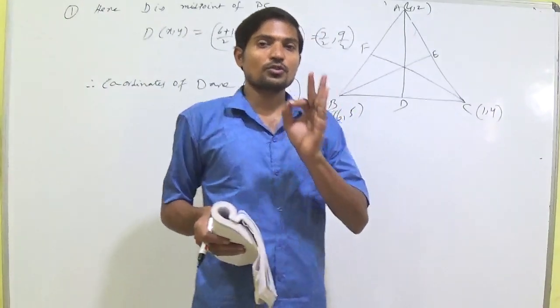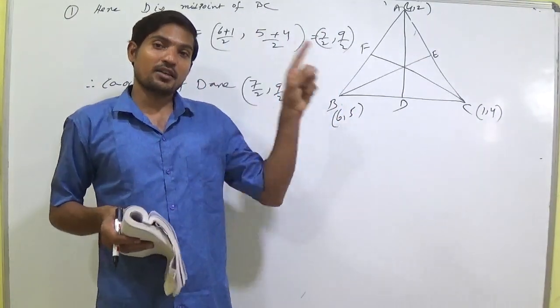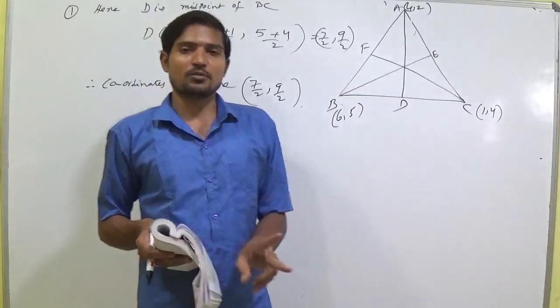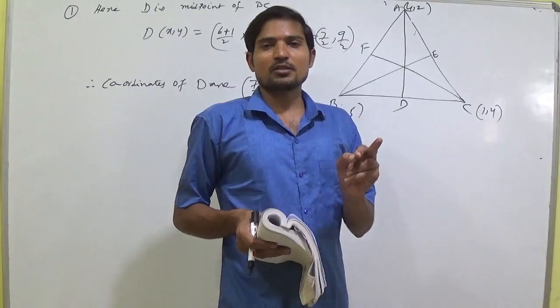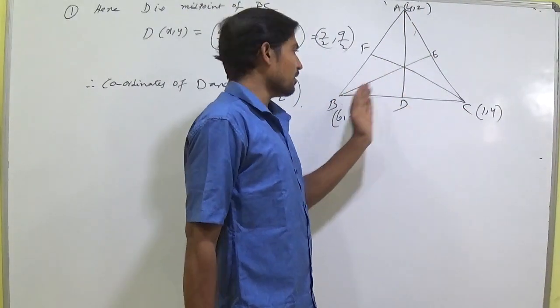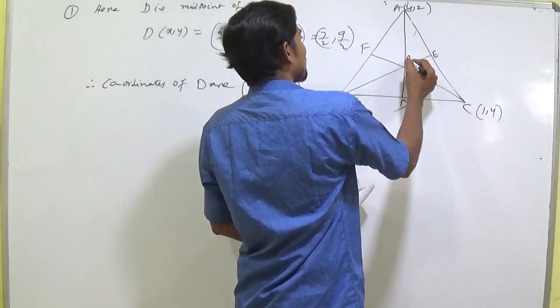You have to use the section formula and find the coordinates of P. Here m1 to m2 is 2:1 for these three line segments: AD, BE and CF. P is the concurrent point here.